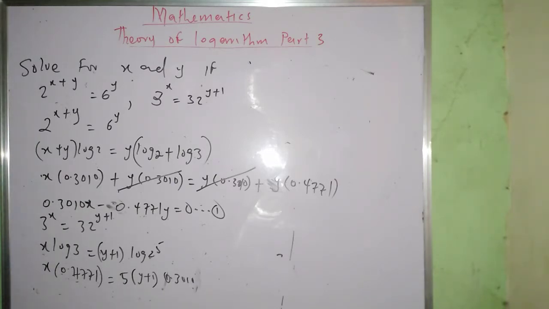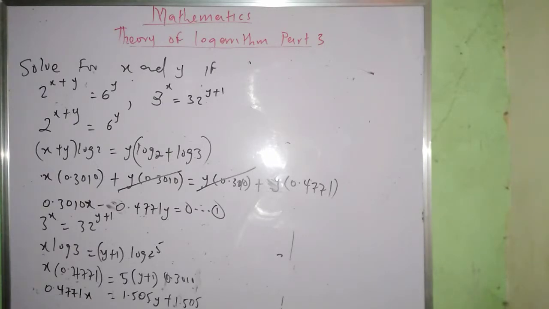Now I can multiply it by 5. If you multiply this number by 5, 0.3010 times 5, I will have 1.505y plus 1.505 equals 0.4771x.